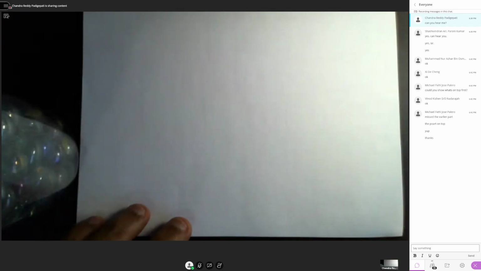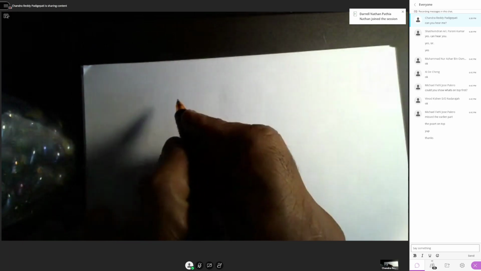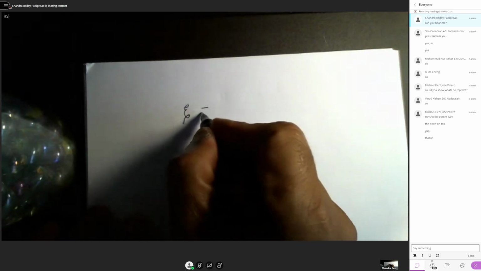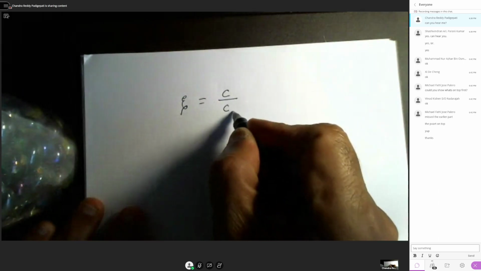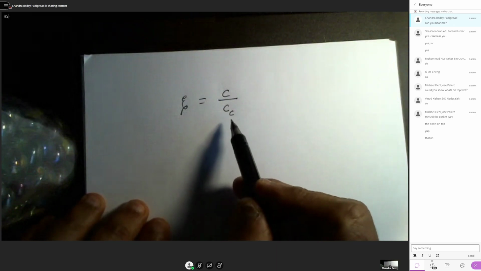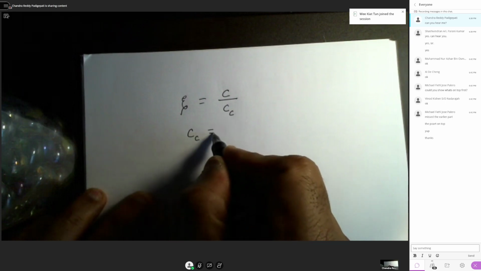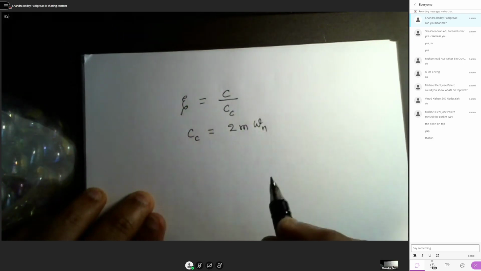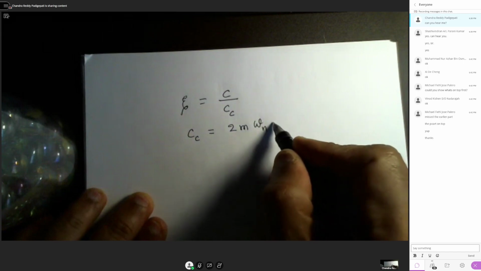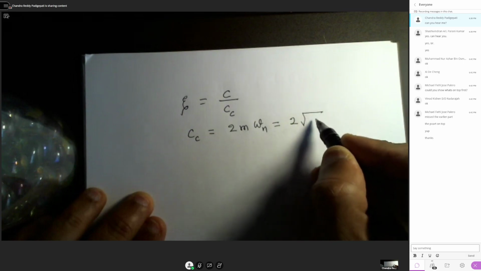Then we move on to the important part when we talk about damped free vibration: the damping ratio, eta. We can write it as C over the critical damping constant, Cc. The critical damping constant Cc we can write as 2 m omega n, and also as 2 square root of km.